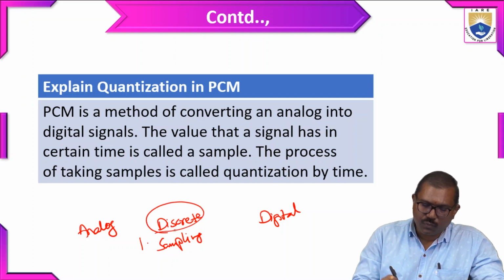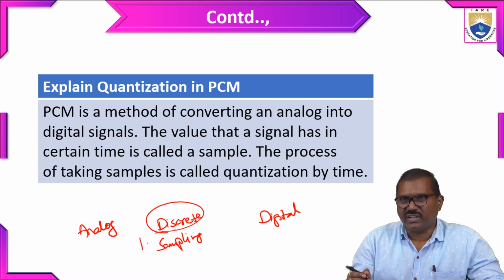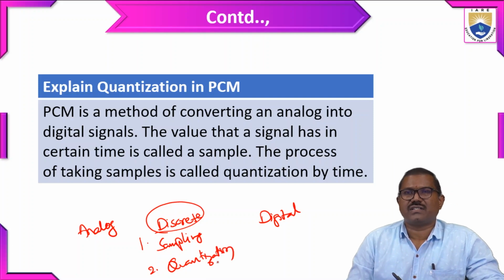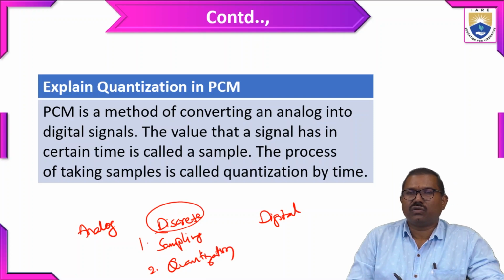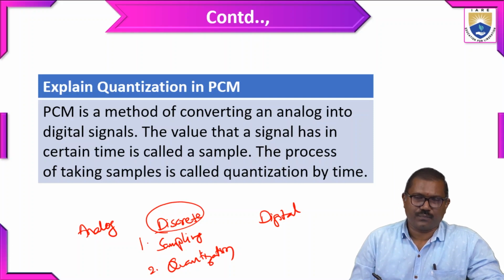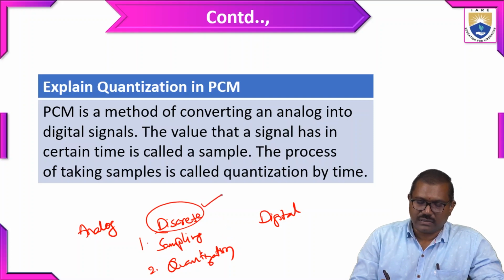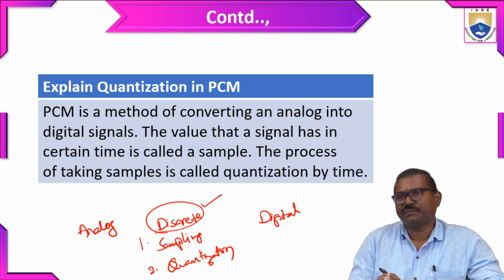For the pure discrete form, we use another operation, quantization. Quantization is a process which converts continuous amplitude to discrete amplitude. After quantization, the signal is in pure discrete form.